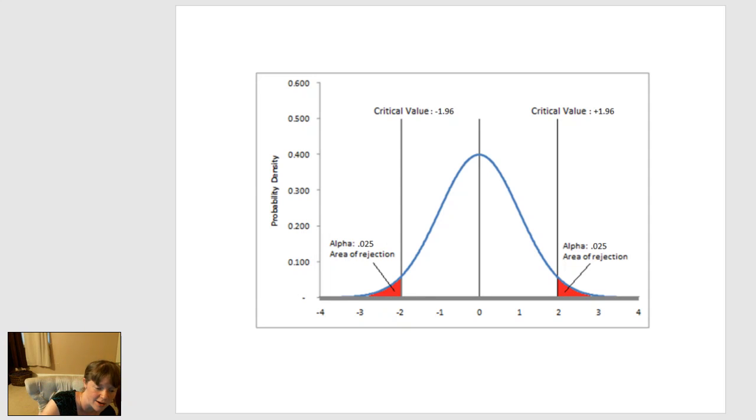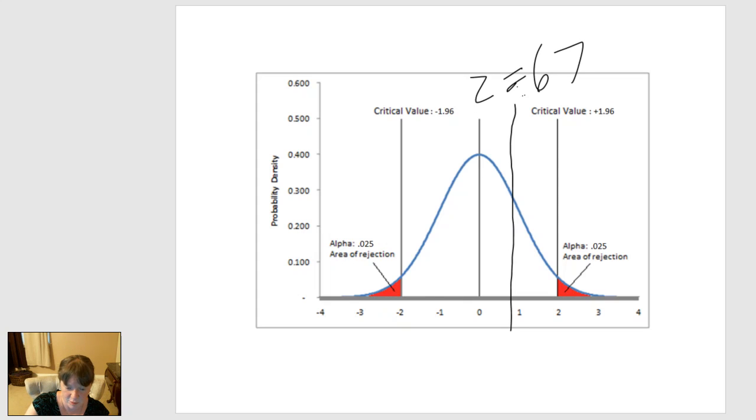And so where is it on here? Where is 0.67 on here? Right here. Z equals 0.67. That's where 0.67 would be, right? Right here. Not in the area of rejection, not more extreme than the critical value, failed to reject the null. And that's the whole idea behind this approach.